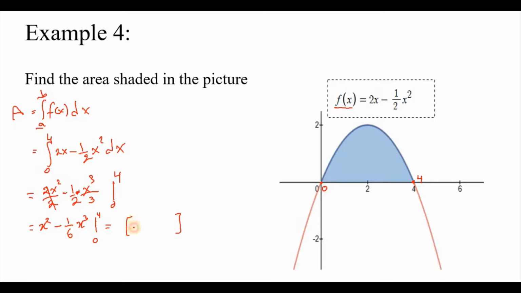So this is 16, x squared is 16, minus 1/6 times 4 to the third power, minus 0, which is 0. And then you find the answer here, so 16 minus 2 times 16 is 32 divided by 3. And then you find the final answer.